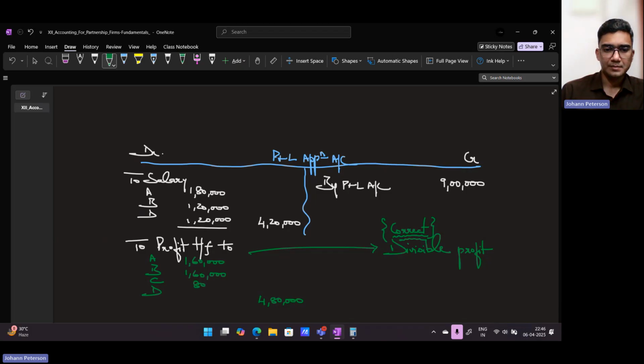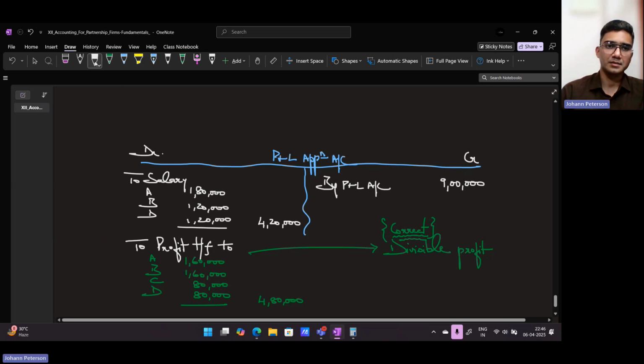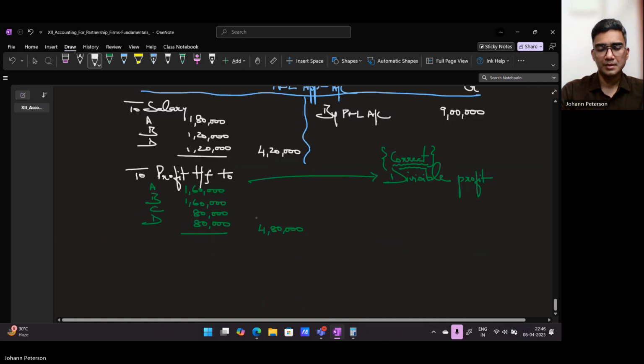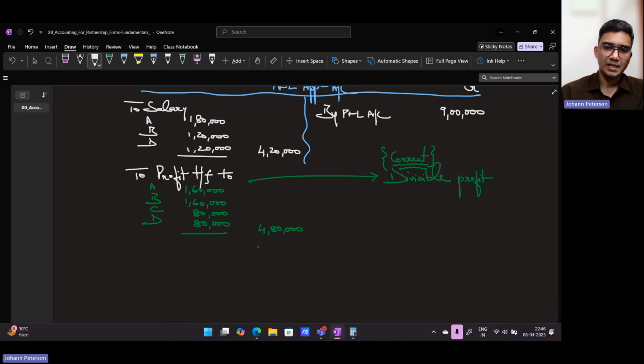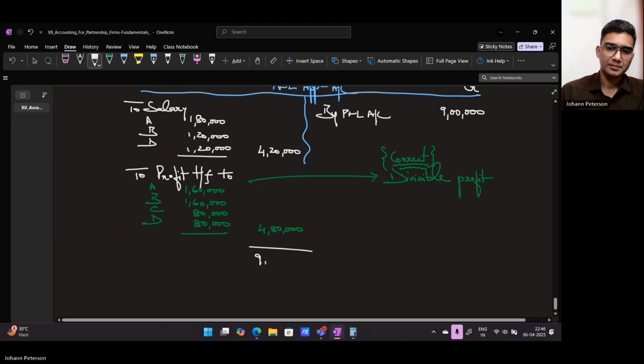So 80 and 80. So this totals up to 480, right? That's the total of this account. So 480 plus 420 makes it 9 lakh. And 9 lakh.